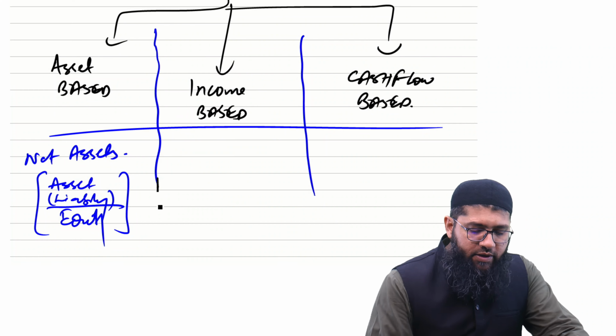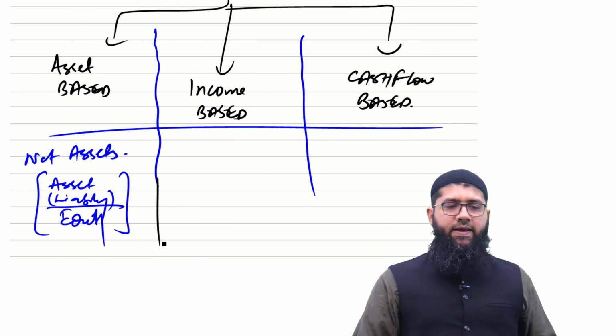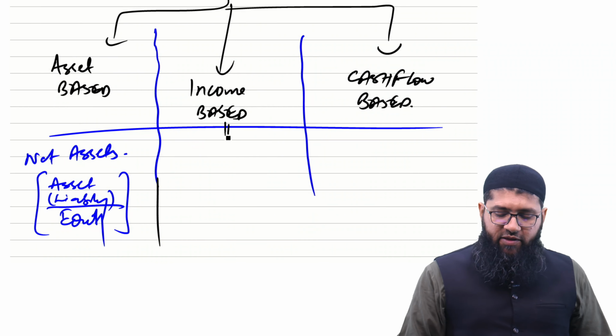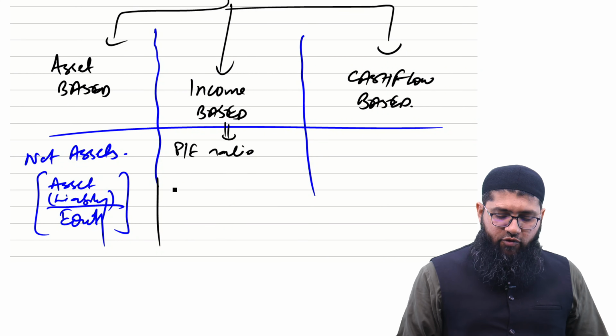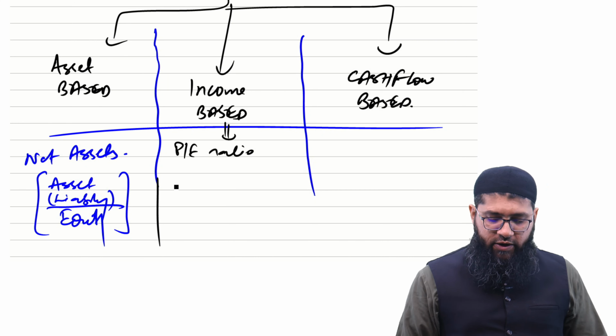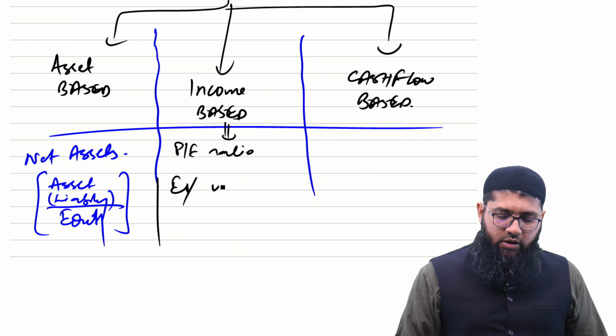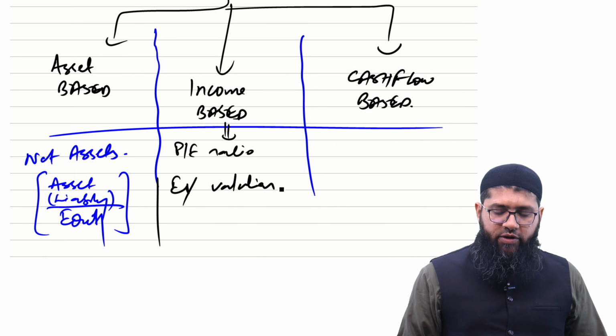Now, one thing is the asset-based valuation. Then you've got income-based valuation, where you have PE ratio-based valuation and earnings yield valuation. So these are the 2 different types of valuation.